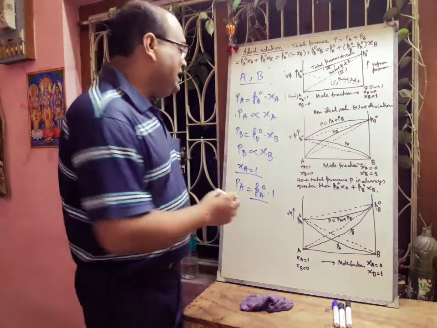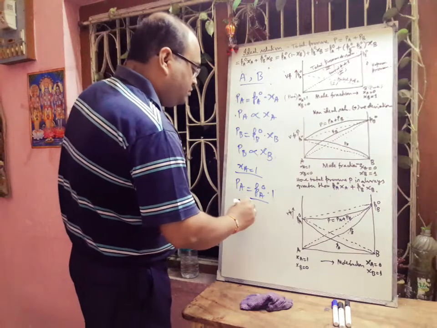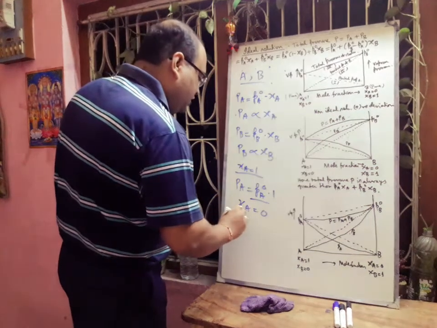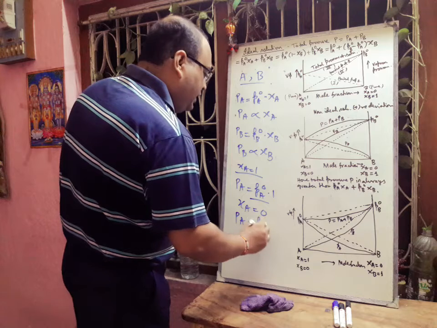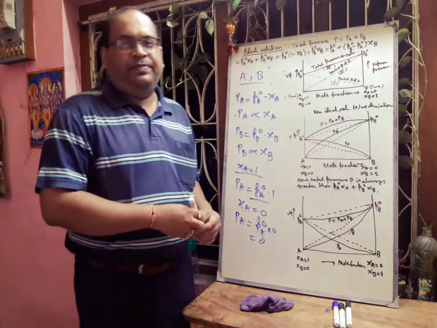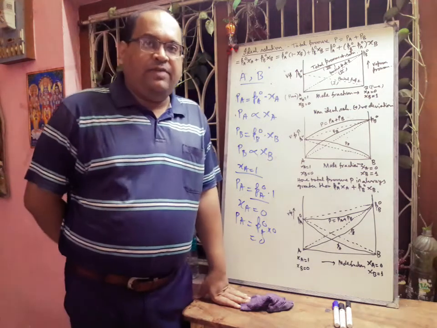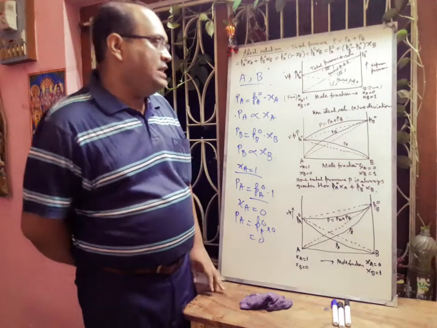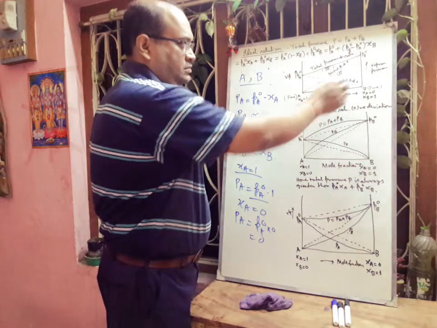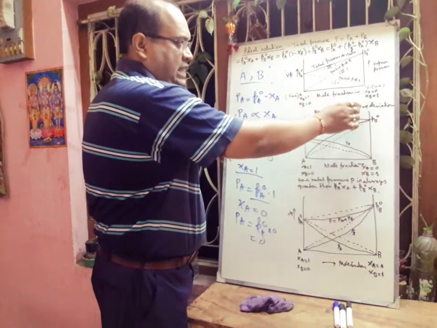Now when Xa is equal to 0, if we put the value of Xa as 0, then Pa is equal to Pa0 into 0, that means 0. Then only liquid B is present, and that is on this side.